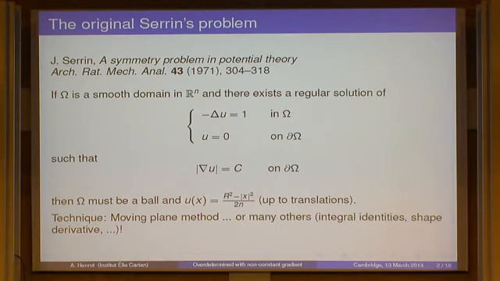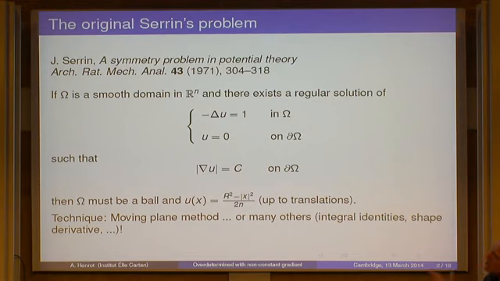And in his original paper, James Serrin used the moving plane method, which has been introduced by Alexandrov, actually, to prove property of surfaces, namely that if a surface has a mean curvature which is constant on the whole boundary, it has to be a ball.